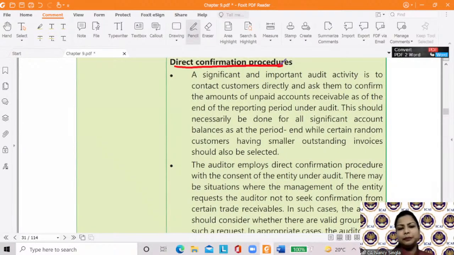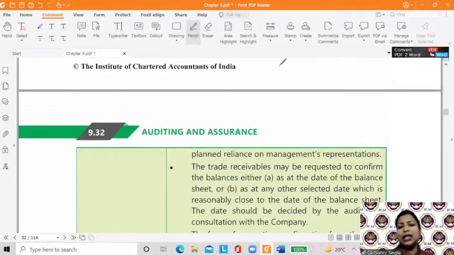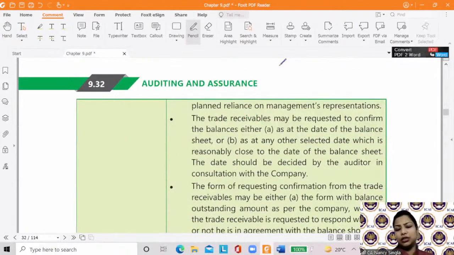And unless you receive a list from the management with respect to all the debtors, is it wise to disclose to management that we will be sending the confirmation request to all the debtors exceeding ₹5 lakh? No. Then whatever list they provide, they can always manipulate that. So don't reveal how you will be selecting the debtors for sending the confirmation.